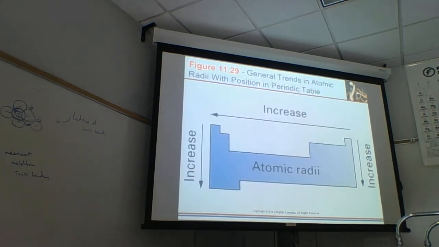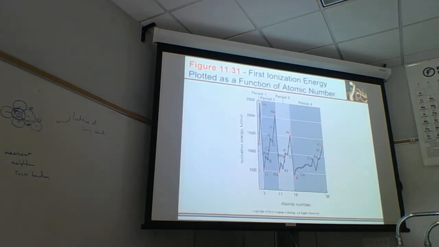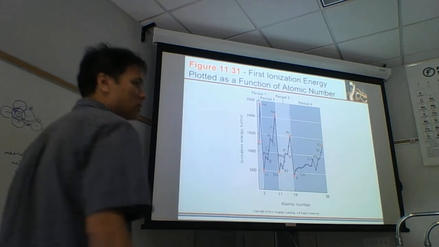So do you guys remember this chart? Can you explain this to me? You don't have to explain the blips, but does it make sense overall?